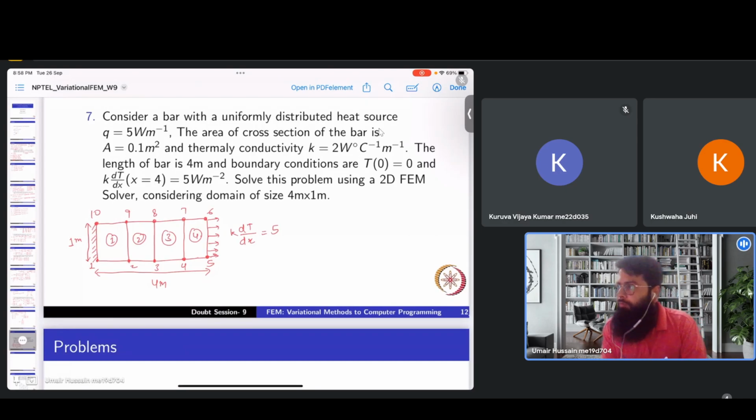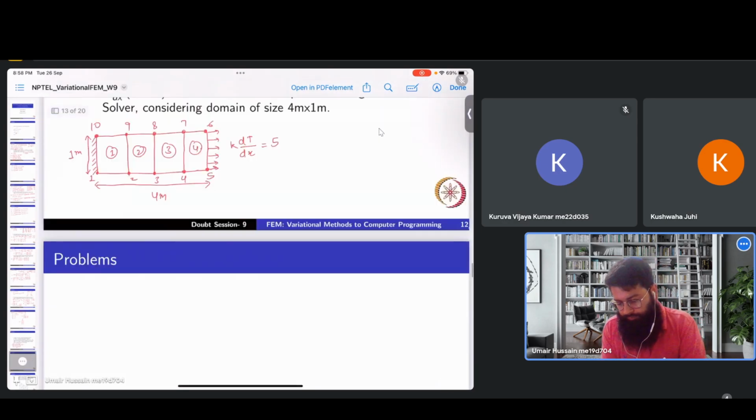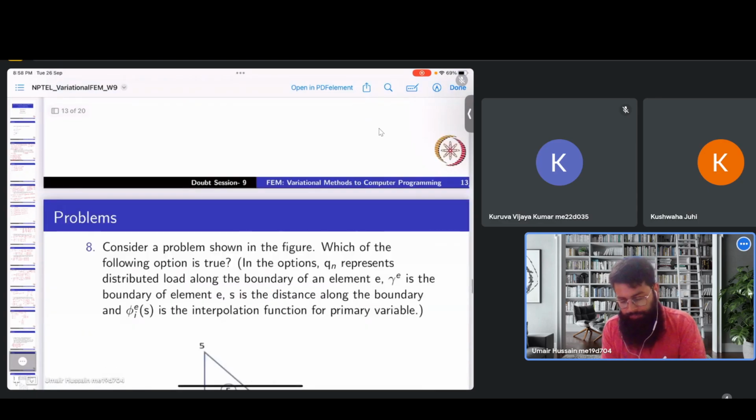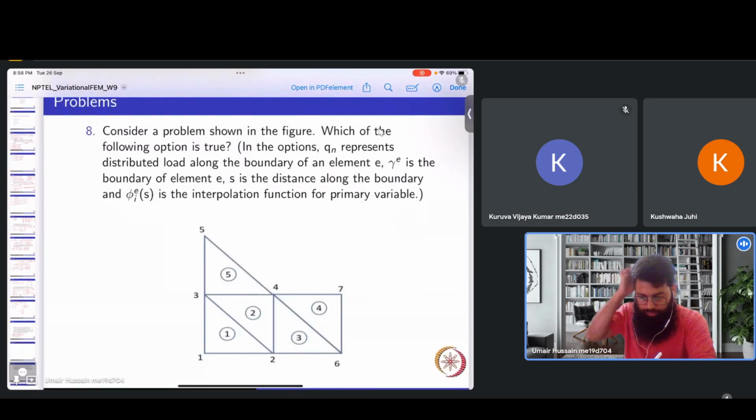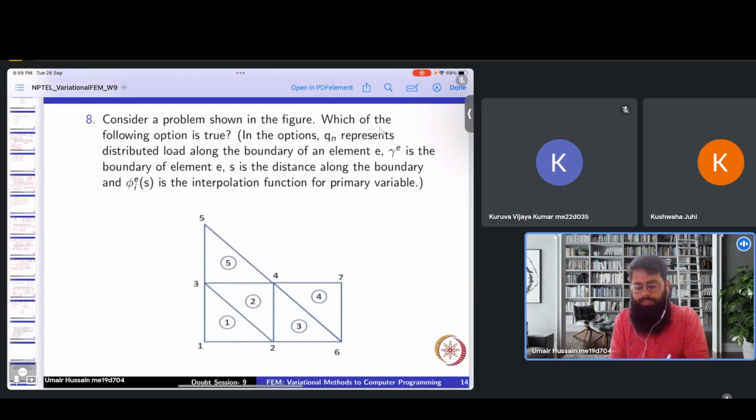So can we go for one more question? Yeah, we have time. Okay, so this question. Consider a problem shown in the figure. Which of the following options is true? We have been given this domain which is meshed using triangular elements, and the node and element numbers are marked.